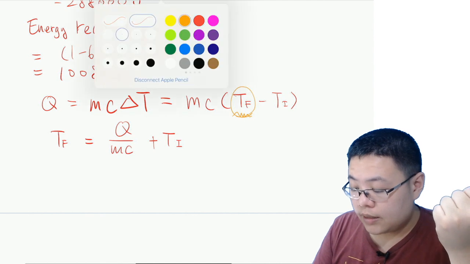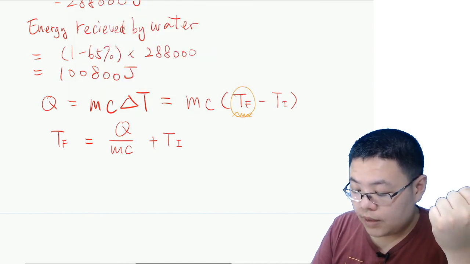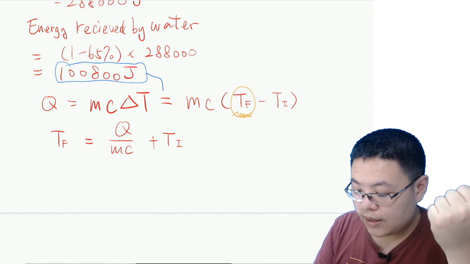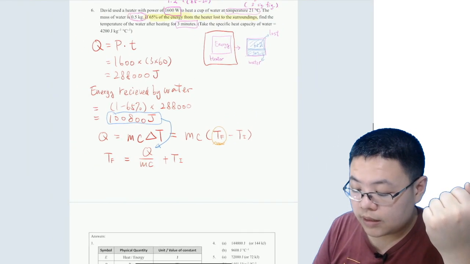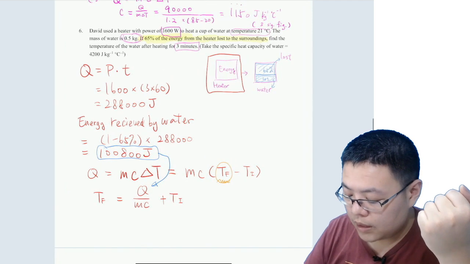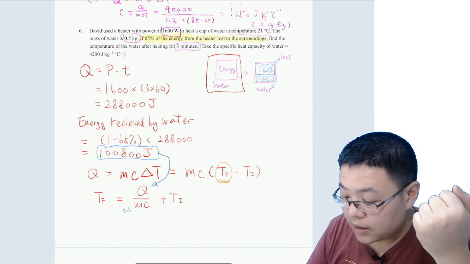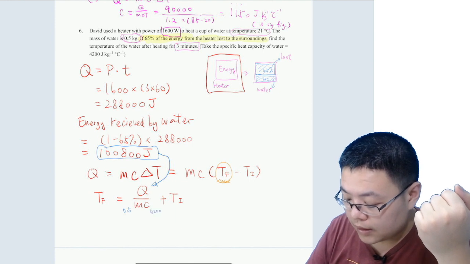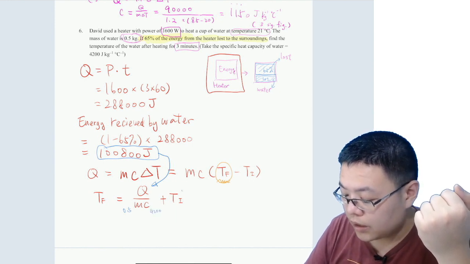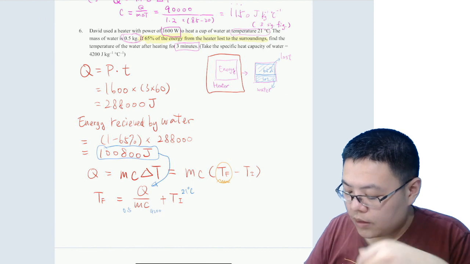And then here, 100,800 plugs into Q. Mass is 0.5 kg. C is 4200. Temperature initial is 21 degrees.